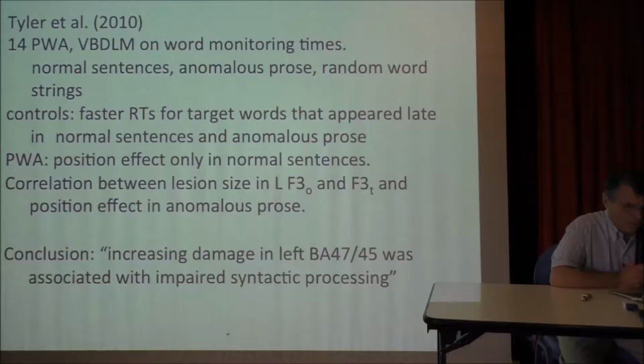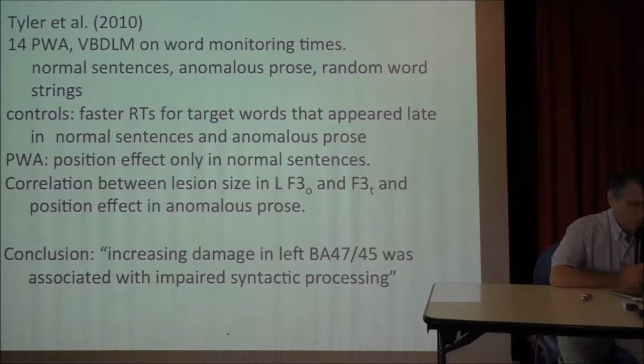So the purest effect, they say, is the distance effect in anomalous prose, where there's no semantic influence on the prediction of the upcoming items. They found a position effect in normal sentences in the people with aphasia, not in the anomalous prose.